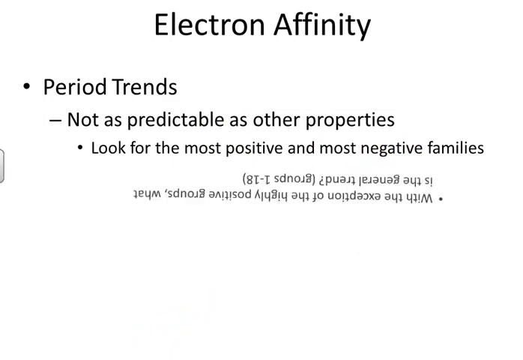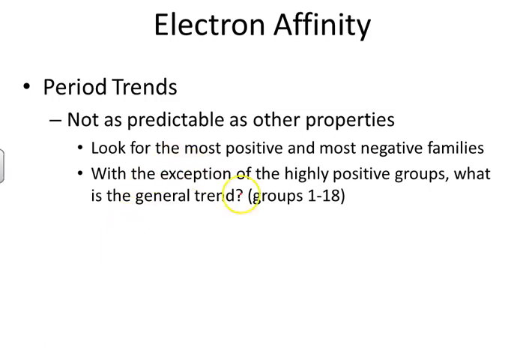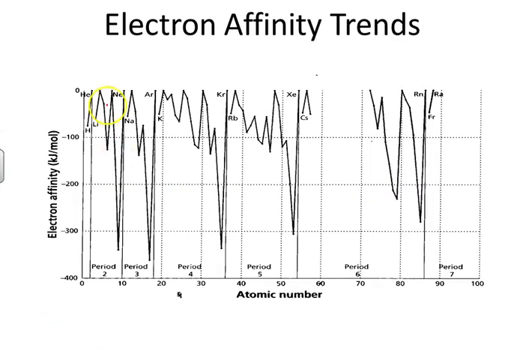Those tend to occur in certain locations. The most negative values would be, for instance, here, here, and here. These guys at the most negative are the halogens, which is group 17.